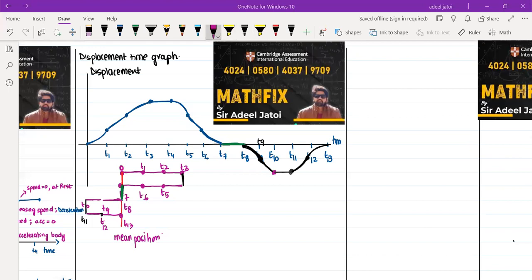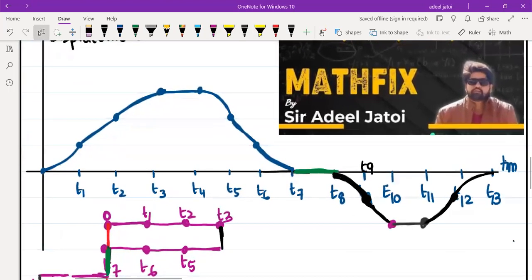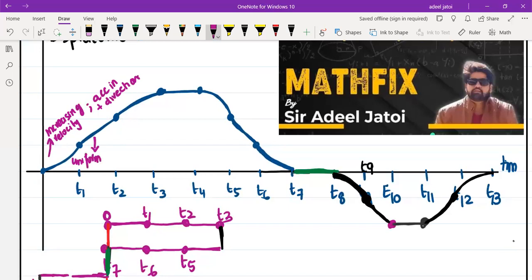So let's just work out each of the following. T0 to T1 is increasing velocity, right? Acceleration in positive direction. This will be uniform velocity.